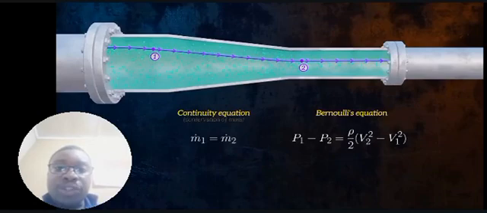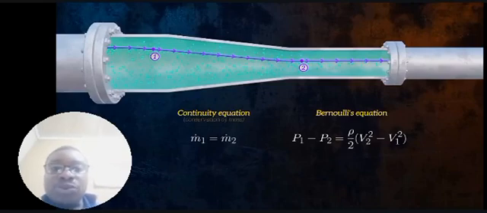With that equation in mind, we must also be familiar with something called the continuity equation. Basically, we are saying the mass is constant. The mass of fluid flowing through point number 1 is equal to the mass of fluid flowing through point number 2.